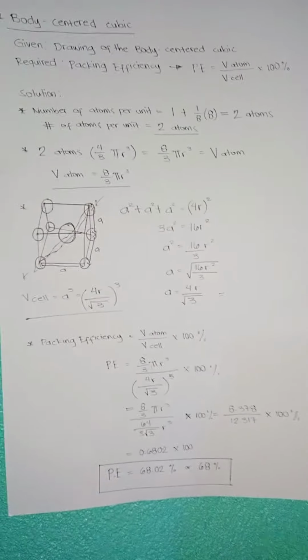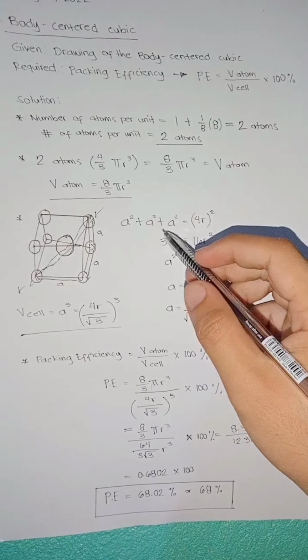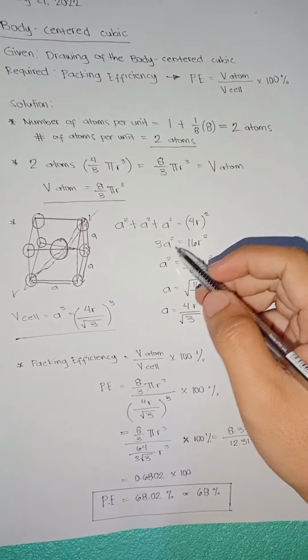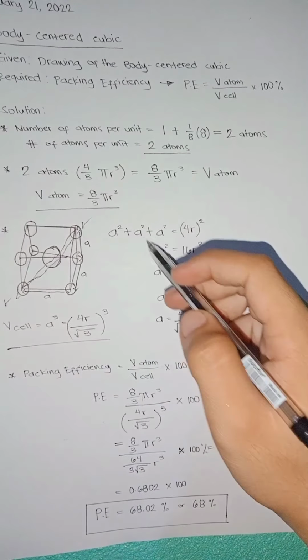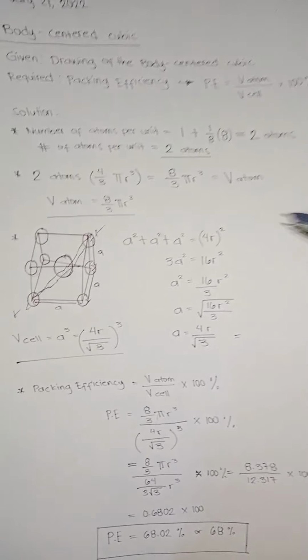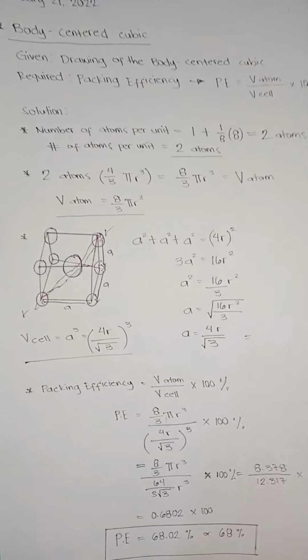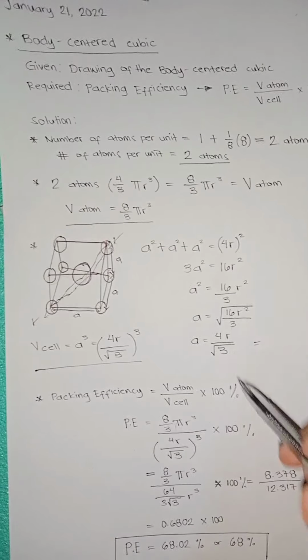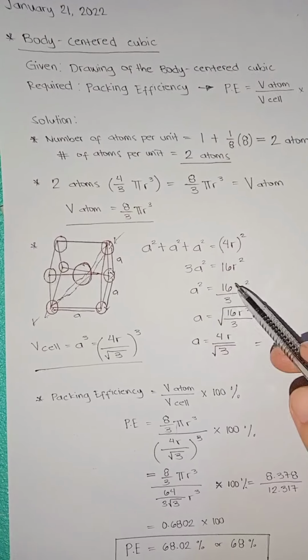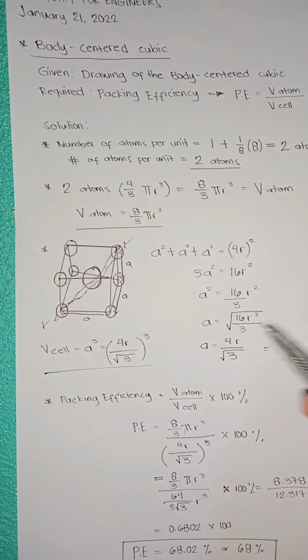Let's simplify this. a squared plus a squared plus a squared is equal to 3a squared. We have an invisible 1 here. By simplifying this, we have 16r squared. So divide both sides by 3, and we have a squared is equal to 16r squared over 3.